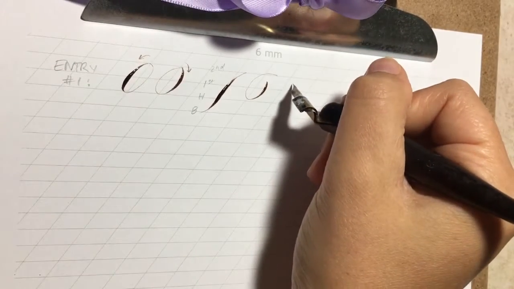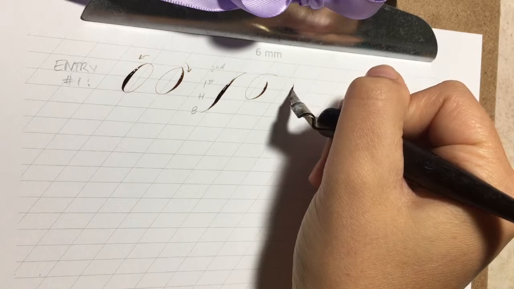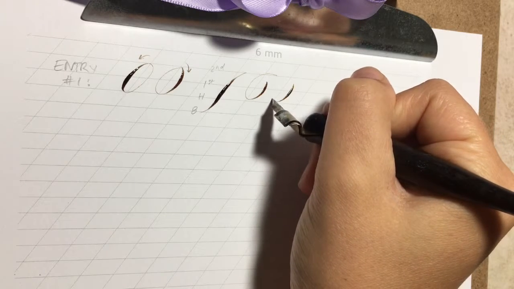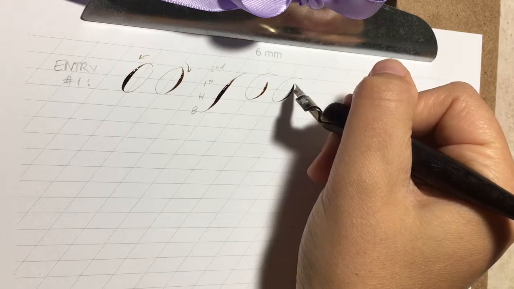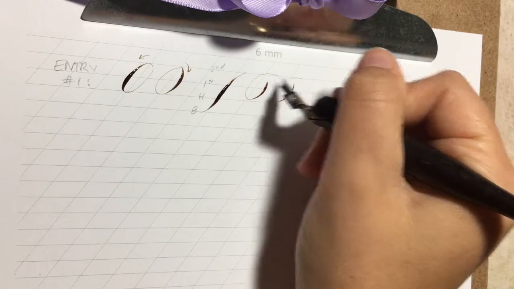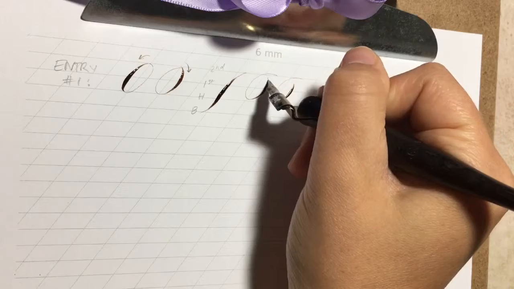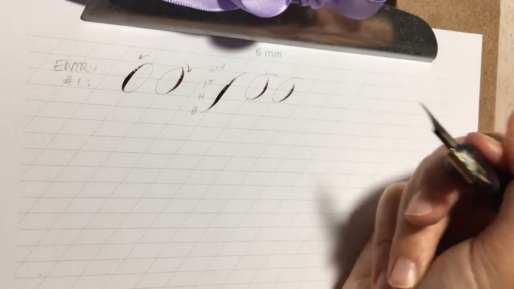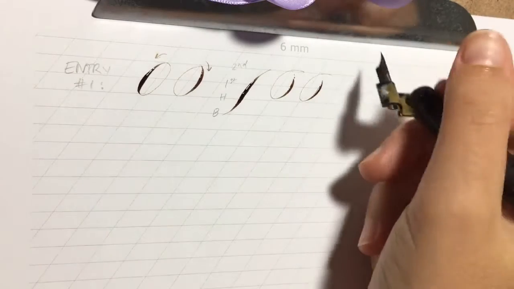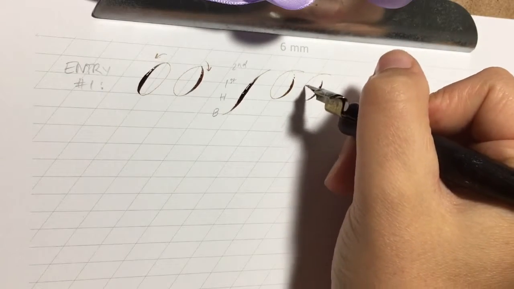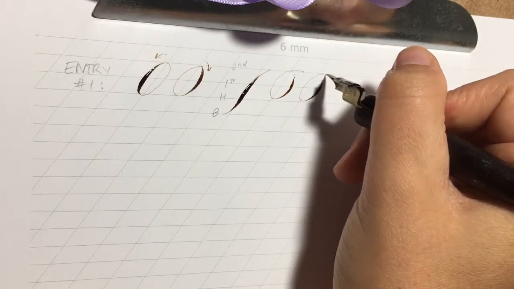So if you were to continue and meet this oval like that, then it would be an oval. But you want to continue up and then hug this line.